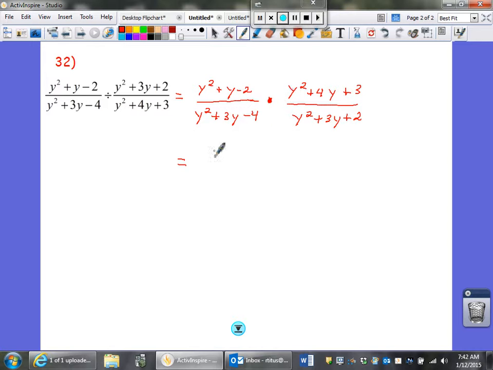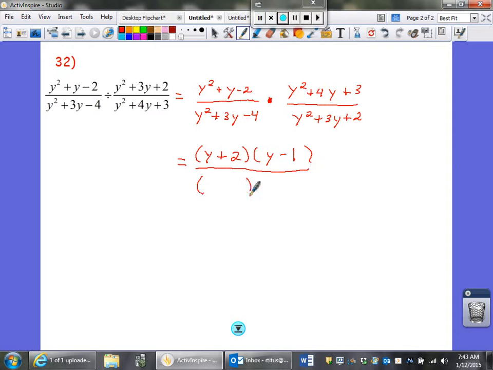Let's do that first one up there. Let's set up the parentheses. We have to have a positive and a negative to make a negative here at the end. So that would be y times y. And to make a positive 1 in the middle, I would have to have a 2 here and a 1 here. And that would give us a negative 1y and a positive 2y, which makes positive 1y. All over.